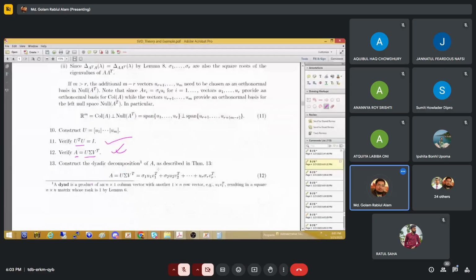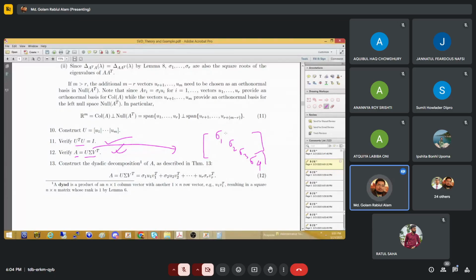That means instead of taking all the sigmas, for this one we may have a matrix consisting of sigma 1, sigma 2, sigma 3, and sigma 4. Those sigmas are actually their strength.